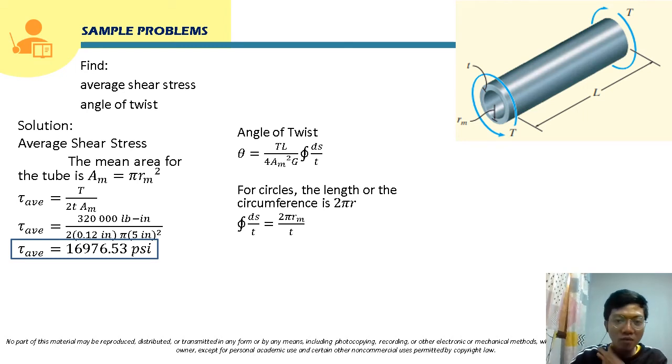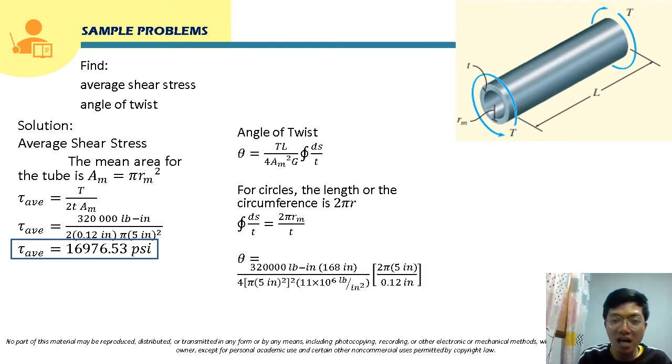So again, ds is the length of the middle line, which is 2 pi r sub m over its corresponding thickness. Let's just substitute the values in our formula.